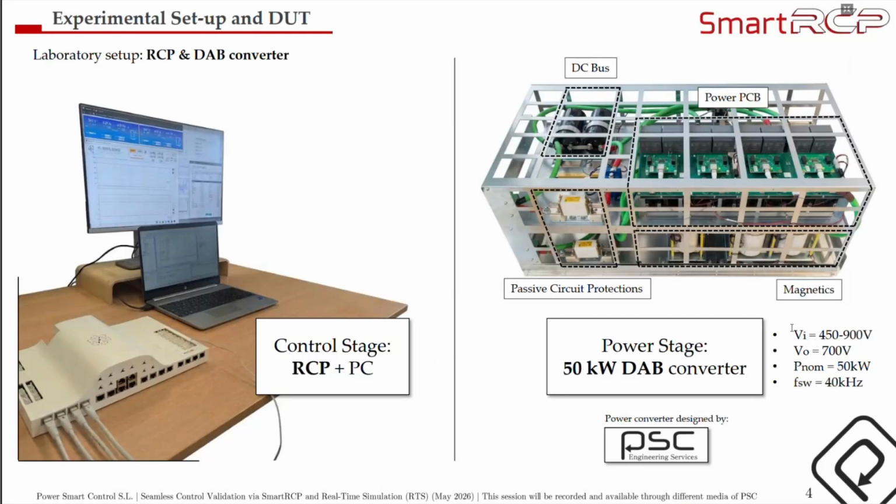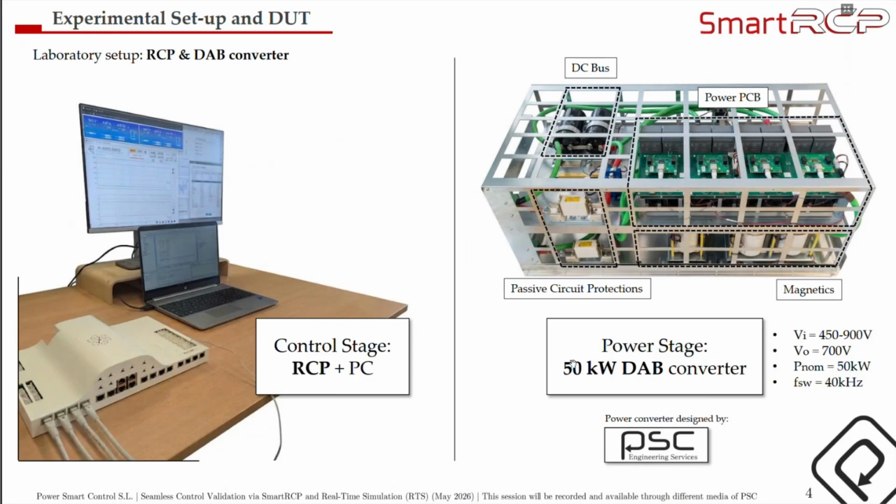This slide shows you the laboratory setup for today's webinar. On the left, we have the control stage that is composed of a SmartRCP and a laptop, a personal computer, integrating the user interface. And on the right, we have our device under test, our dual-active bridge converter.